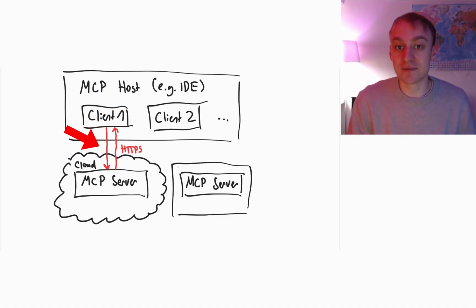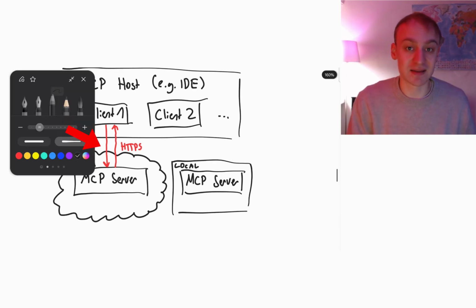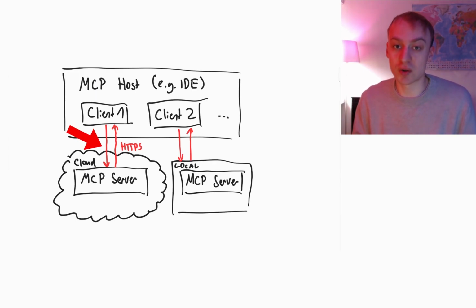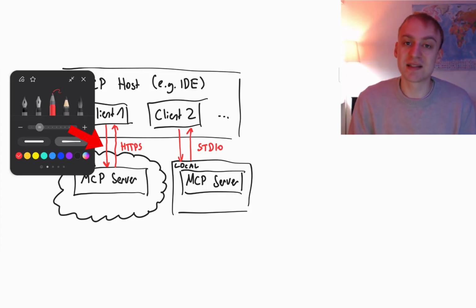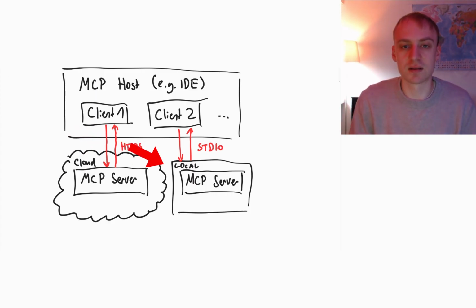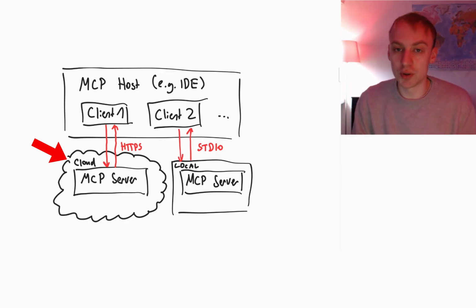But the connection itself is a two-way connection, so clients get data from servers, but servers also get data from clients. By the way, these servers can run locally, for instance the local file system MCP server, or somewhere remotely in the cloud. If they run locally, then they communicate by default with the standard input and output, and if it's a remote server, then by HTTPS.